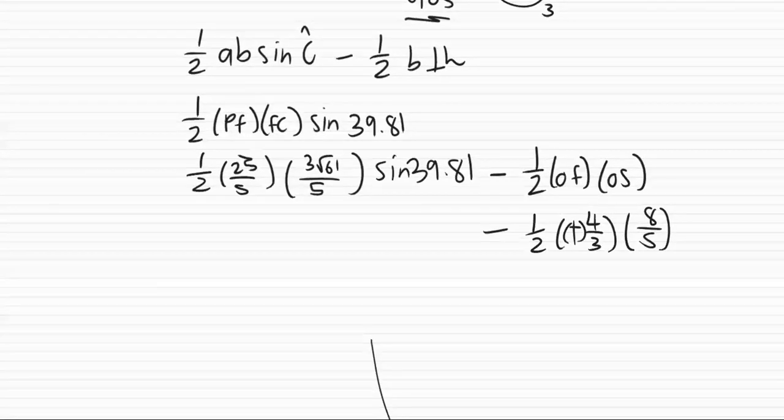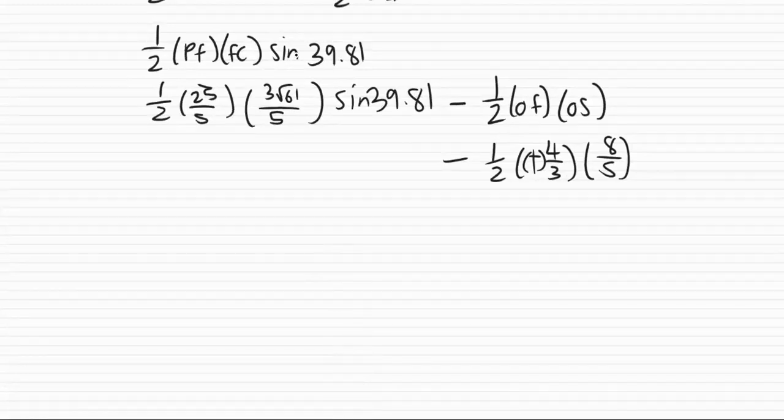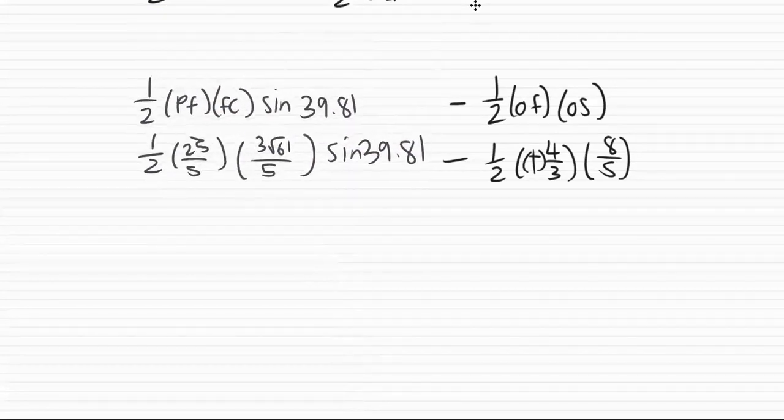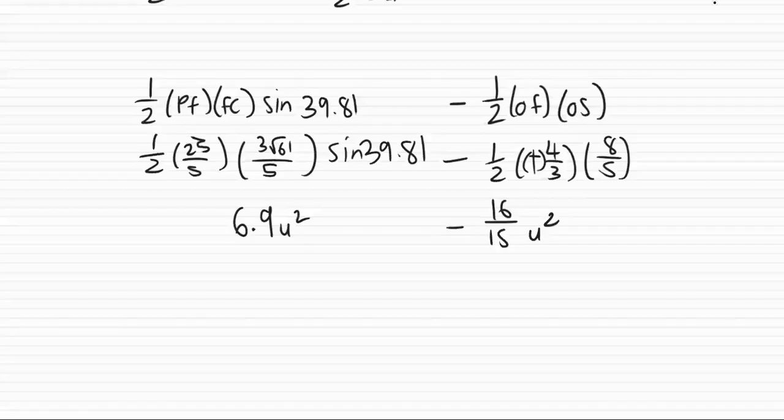Okay. Now we can put all of this in the calculator. How about we do it this way? Grab this. Okay, so we have 6.9 units squared minus 16 over 15 units squared, and that is going to give us the area that we were looking for.